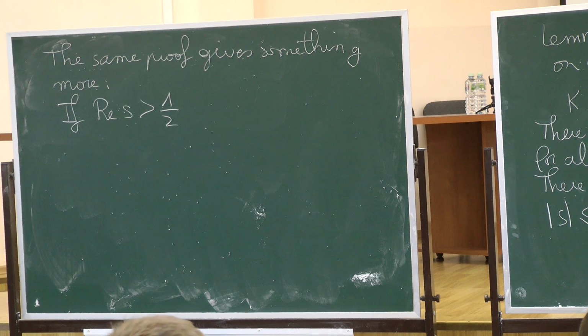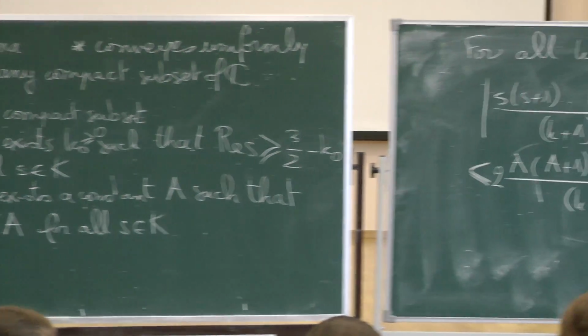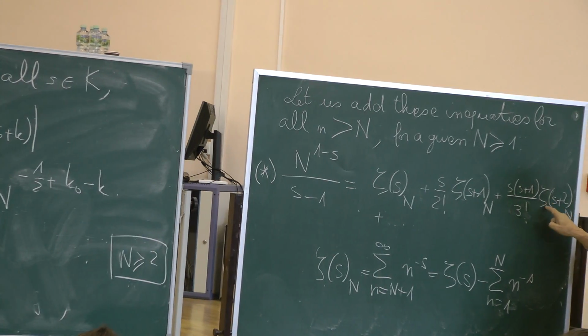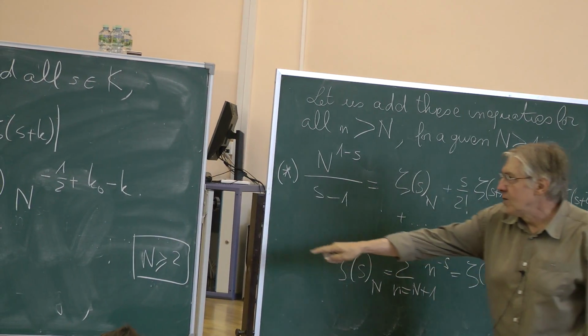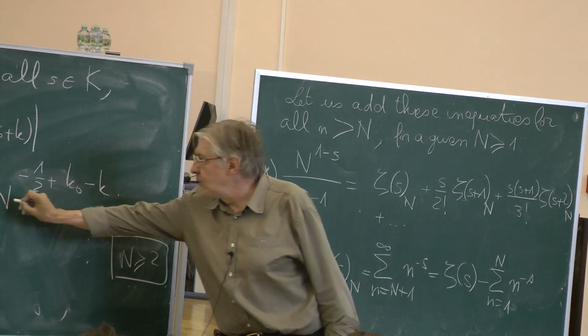in fact, then I can start applying this kind of bound from the first term on, because a real part of s plus 1 will be larger than 3/2, and here 5/2, and therefore these bounds are valid, and these bounds depend on n.